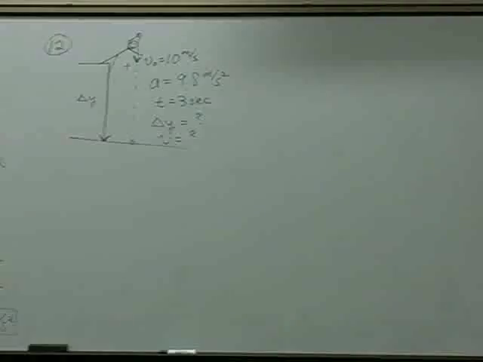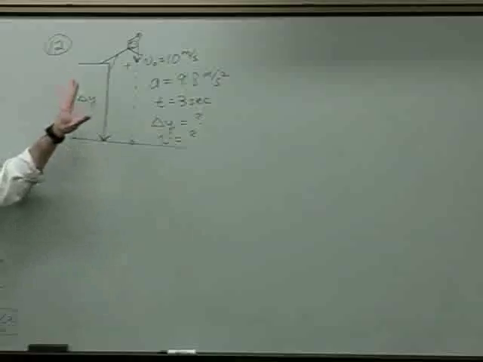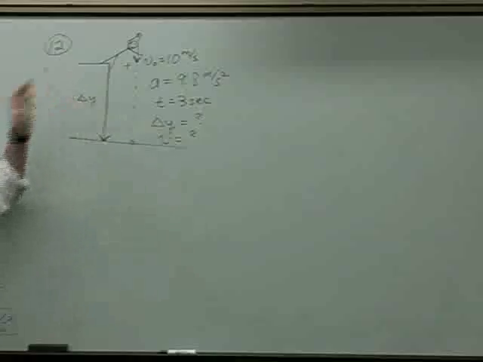And if I say the final velocity is 0, I'm looking at the ball after it's struck the ground. Once it strikes the ground, all bets are off on constant acceleration. I can only use these equations when acceleration is constant. Once there's another force that comes in, that changes the acceleration, and my kinematic equations are no longer valid.